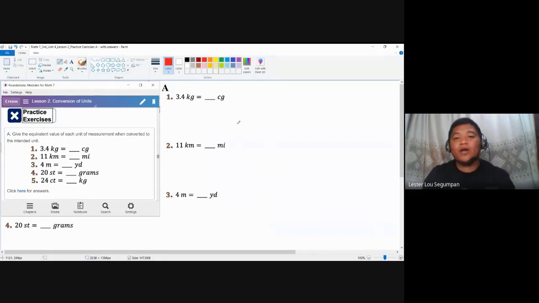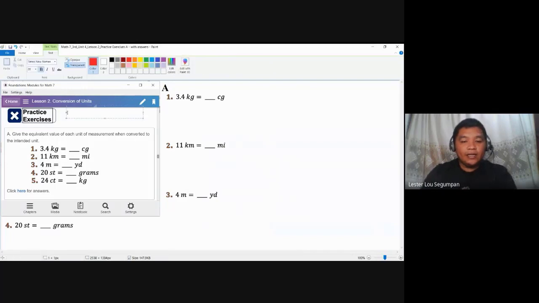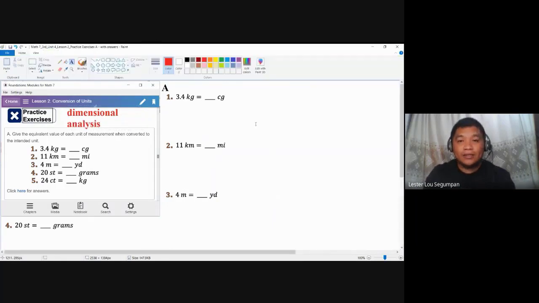But for the purpose of understanding the conversion of these units, we are going to use here the process found in our module, which is in the form of dimensional analysis. Dimensional analysis uses conversion factors and the process of either multiplication or division to come up with the converted result.